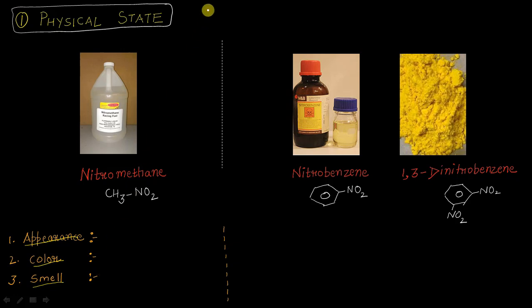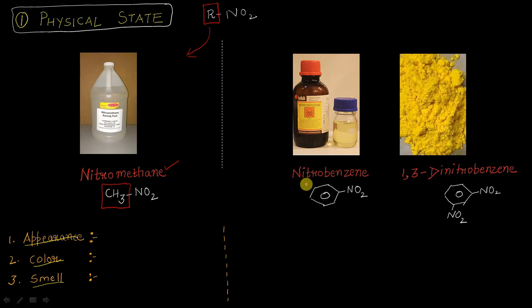So we know that the general structure of a nitro compound is RNO2, and depending upon what type of R group is present here, we can classify the nitro compounds into two categories. The first one is when this R group is something aliphatic, like you can see here in the molecule of nitromethane. We call such nitro compounds the aliphatic type of nitro compounds.